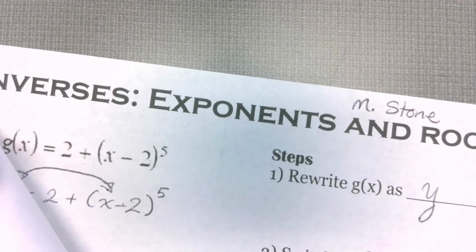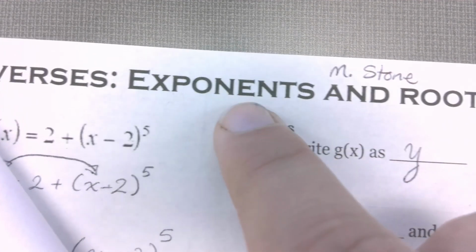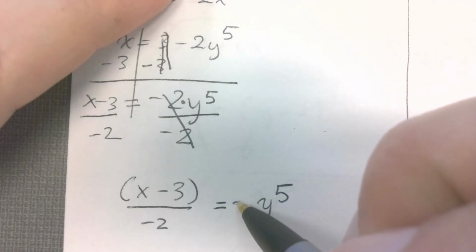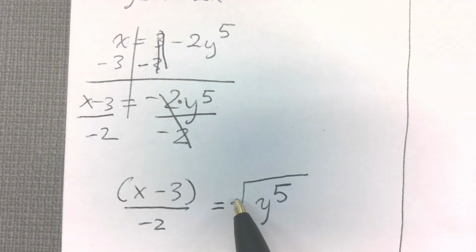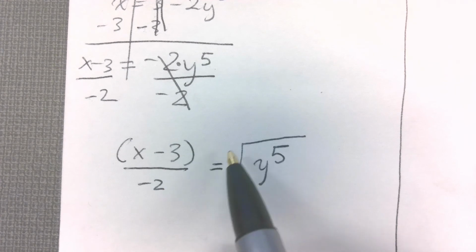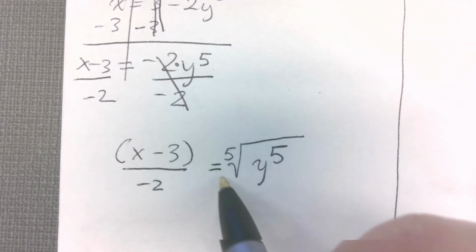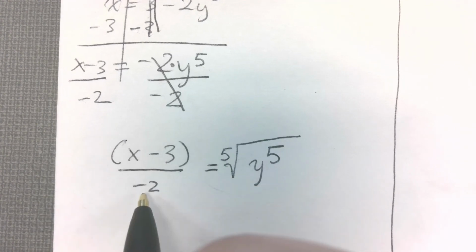I'll give you a hint. It's an exponent. To get rid of an exponent, what are we going to use? Exactly, a root. So what root is going to go here? The 5. So whatever we do to this side, we've got to do to this whole side.